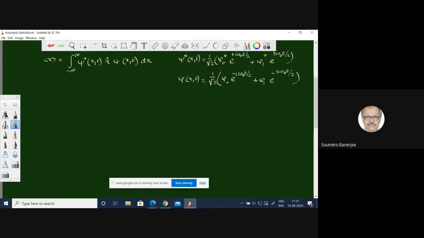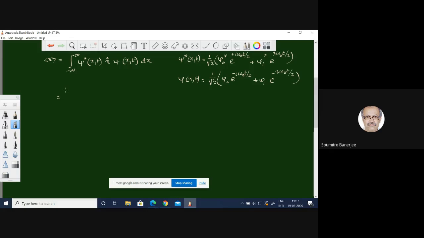Okay, now we have to plug it here. Now you can easily see that when you plug in here, there would be 4 terms. There are 2 terms here, 2 terms here, multiplication, and therefore 4 terms. So let me write the 4 terms. It might initially look a bit formidable, but you will soon see that that formidable thing disappears.